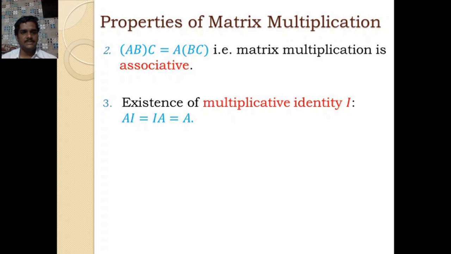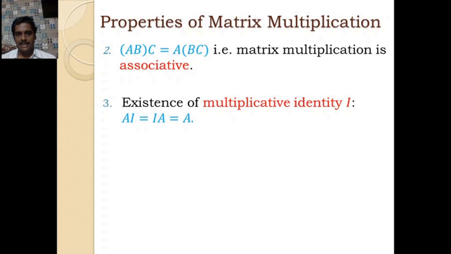So here is your next property, existence of multiplicative identity I. This I is nothing but your identity matrix I. I hope you all remember what an identity matrix is, right? So what is the importance of this property?